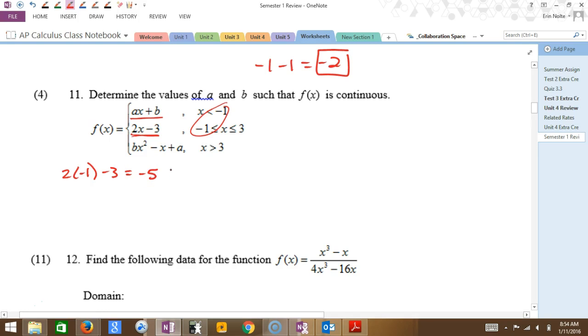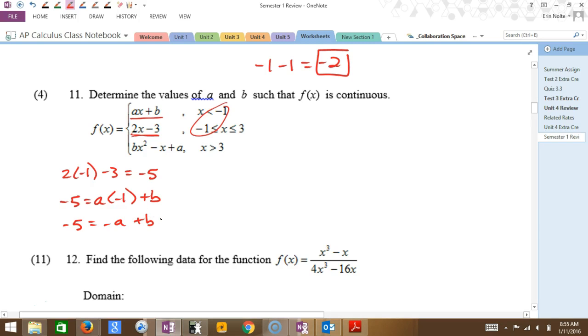Then I go back to the top piece, and since they must be going to the same place, -5 has to equal that top piece where the x value is -1. So -5 is equal to a times -1 plus b. That gives me two unknowns. I don't know what my a or my b is, so I'm probably going to have to do a substitution.